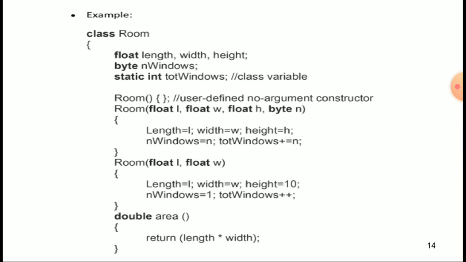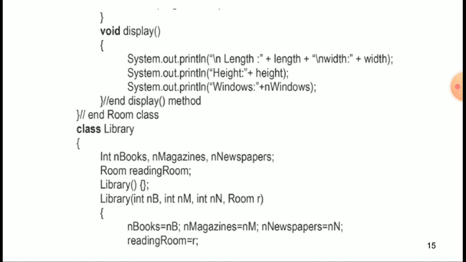Double area, starting curly brackets, return length times width, end of the curly brackets. Void display, starting curly brackets, System.out.println length and width, System.out.println height, System.out.println windows, end of the display method, end of the Room class.